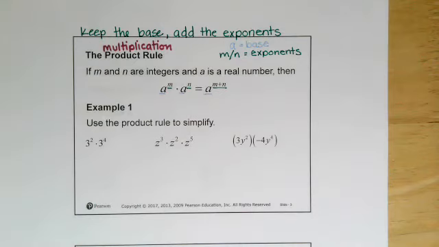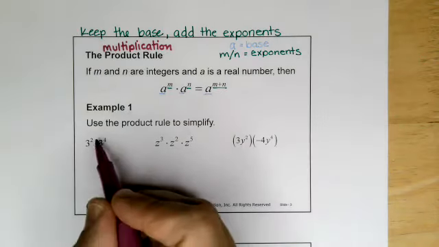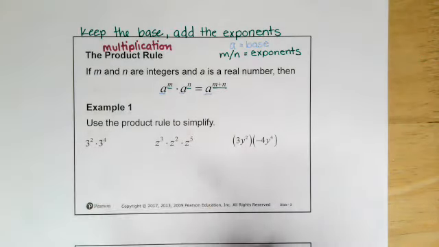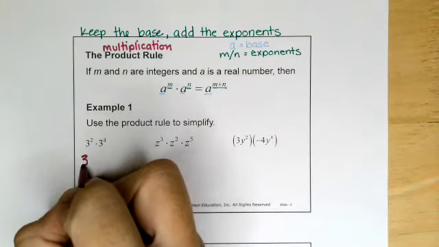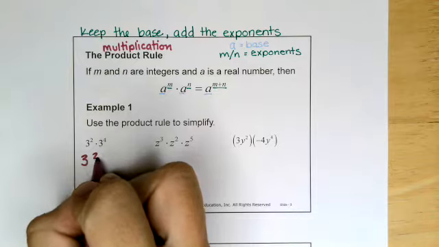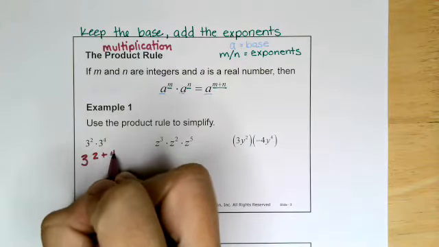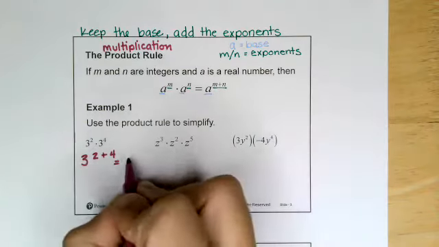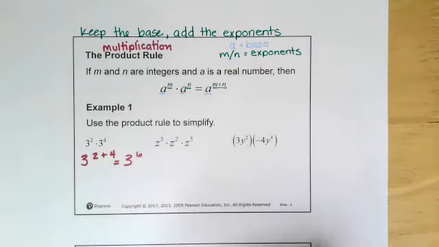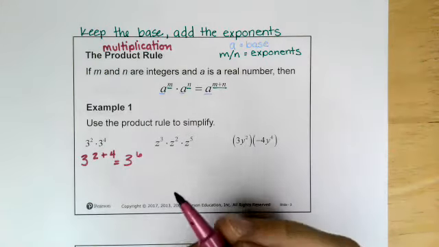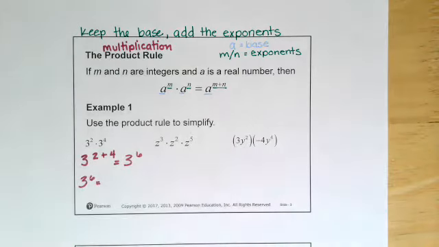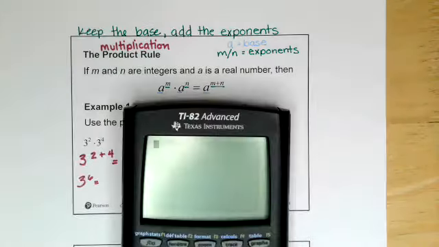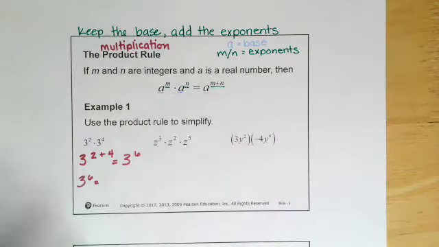So here we have 3 to the power of 2 times 3 to the power of 4. It's multiplication, so we use the product rule. 3, 2 plus 4 becomes 3 to the 6th, and 3 to the 6th power is actually 729.